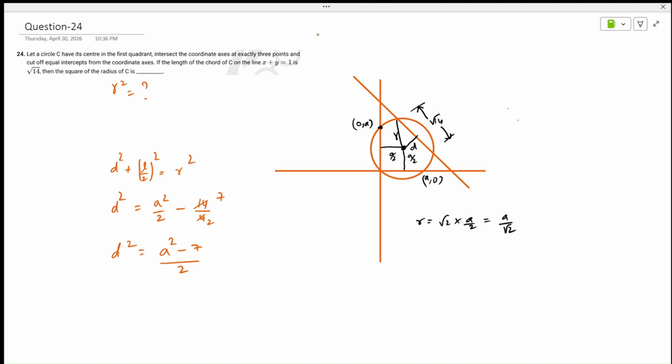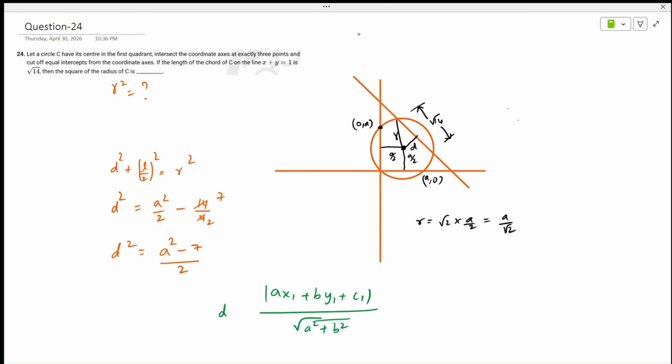Now we can find the distance by using the formula of length of distance of a point from a line, which is ax1 plus by1 plus c1 by root a square plus b square.